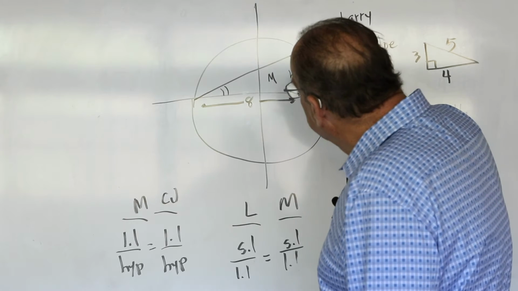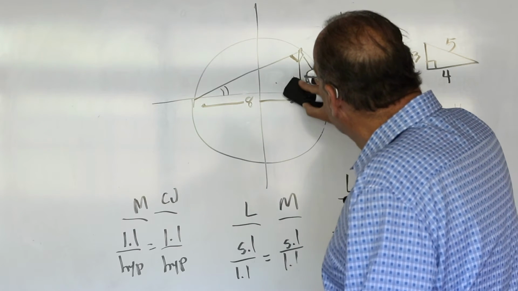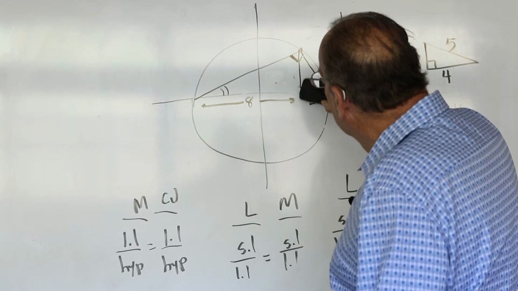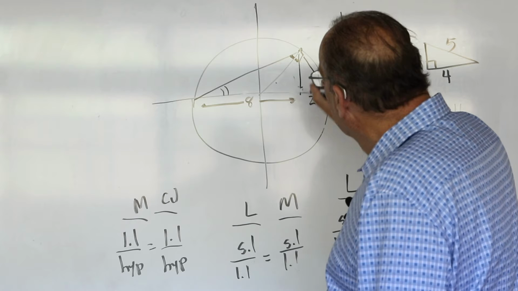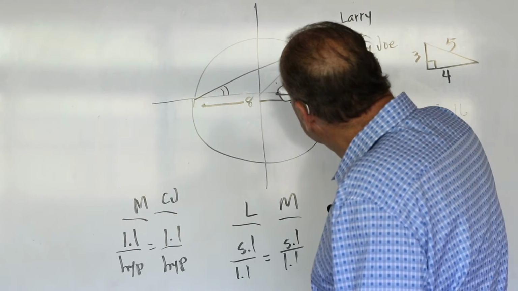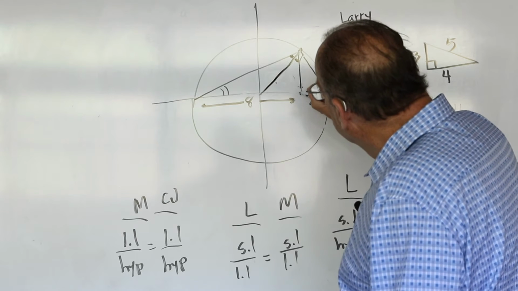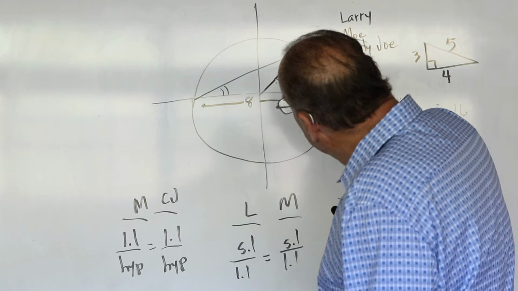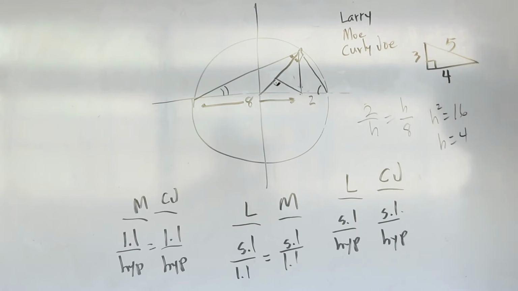Okay, so now we're going to erase some things. And we're going to draw another line segment. And then one more line segment. And this is a perpendicular. So that's a right angle right there.